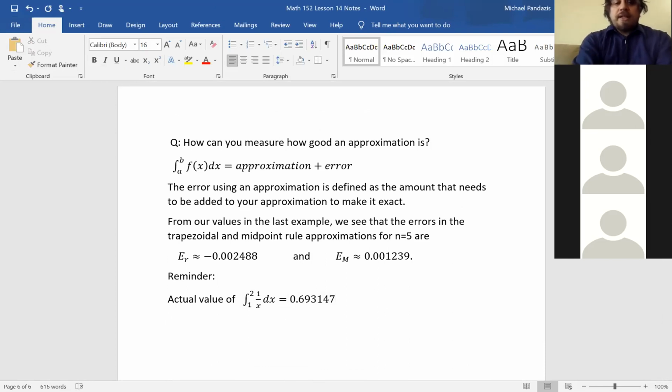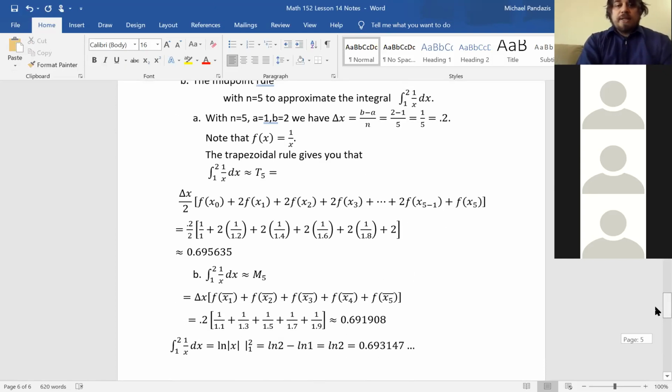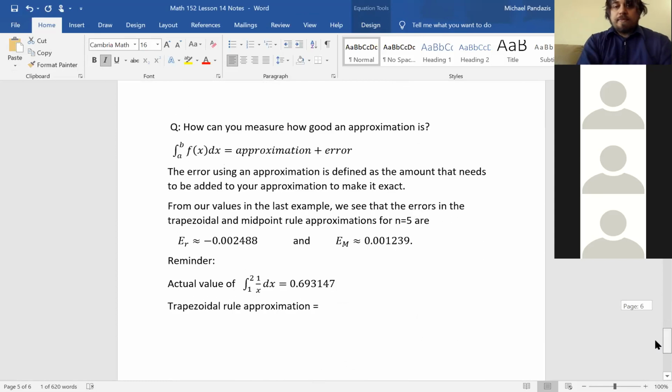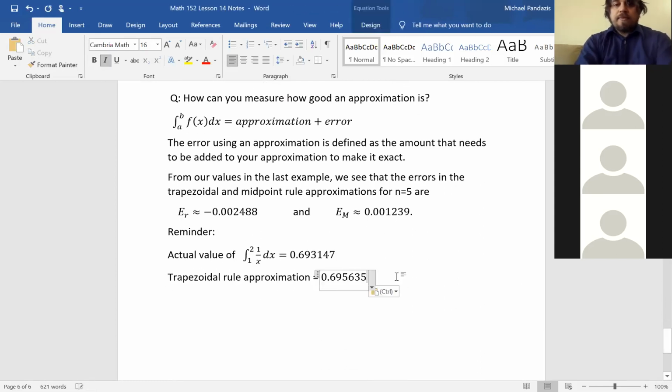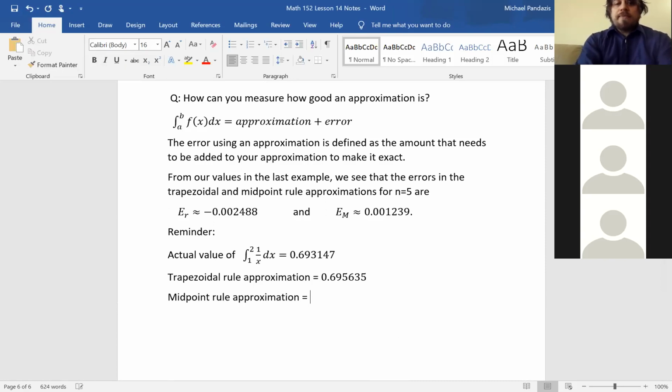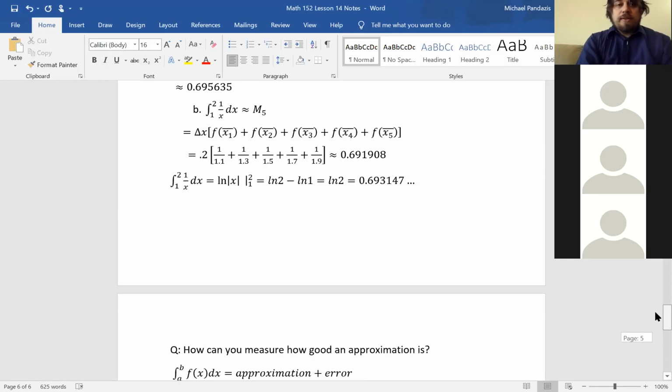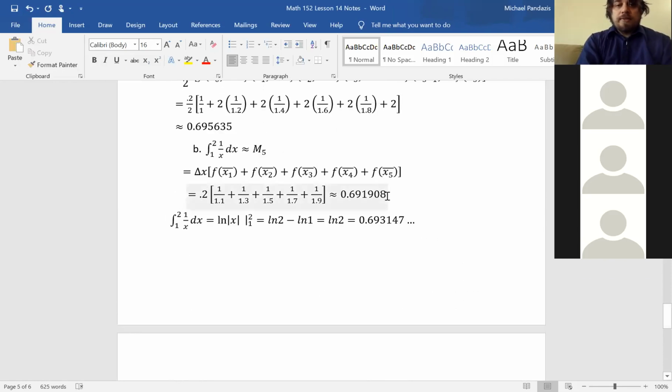Then the trapezoidal rule approximation of the same integral was equal to this, and the midpoint rule approximation was equal to this.